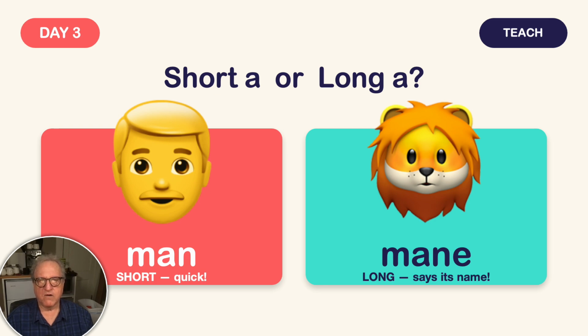Short or long? Here's our next pair. On the left is a man. It's a short, quick A. On the right is a mane. A mane is on a lion. It's the hair around a lion's face, called the mane, his mane.